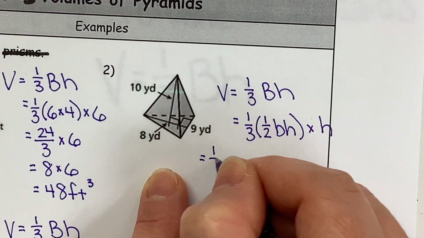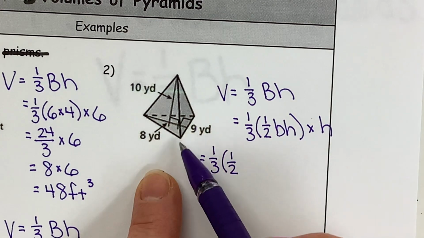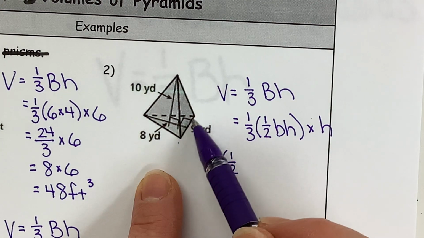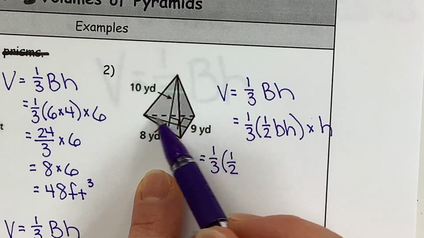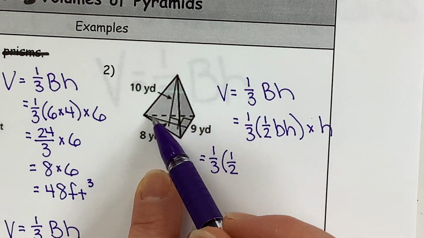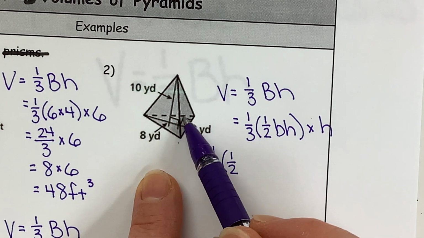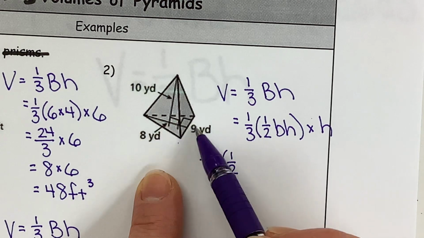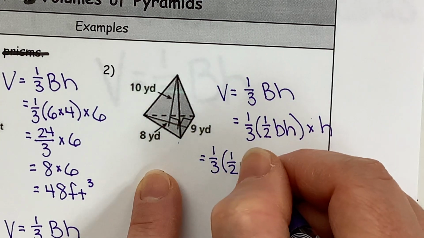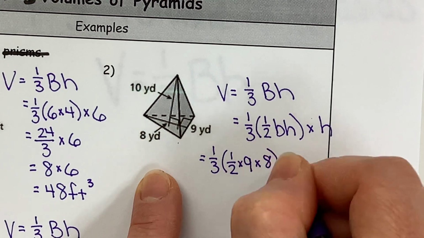So let's see here, that gives me 1/3 times 1/2. Now the base of this guy is this 9. Right, and then we can see the height, there's that 90-degree angle of the base. So we're looking only at the base. The 90-degree angle goes to the 8. So we're going to have our base is 9 and our height is 8.